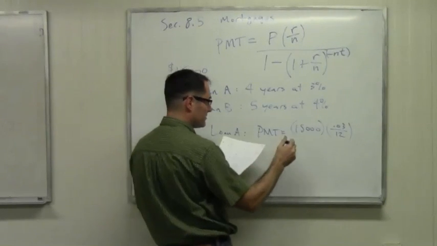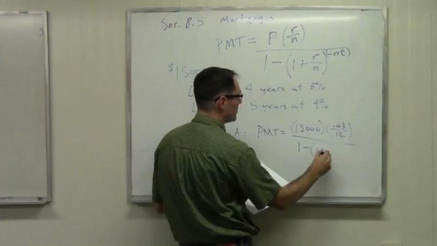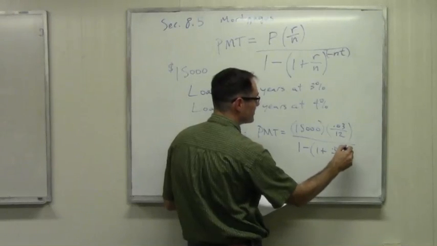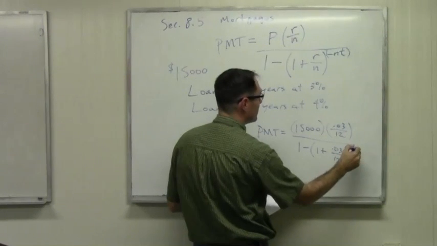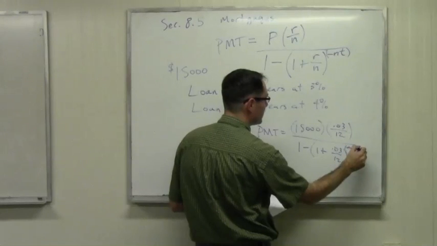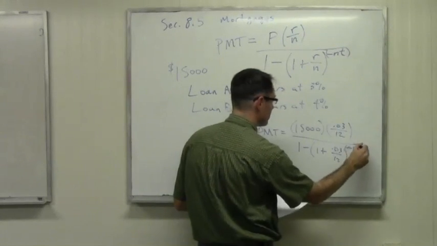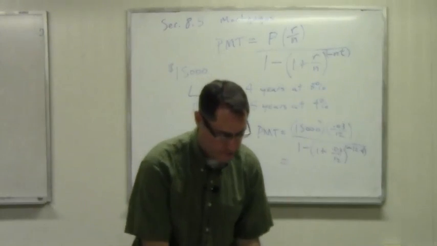Divided by 1 minus, parentheses, 1 plus 0.03 divided by 12, to the negative n, which is 12 times 4 years. Let's do that out.